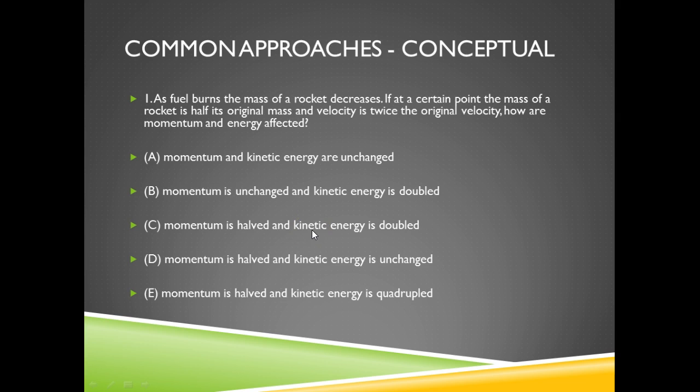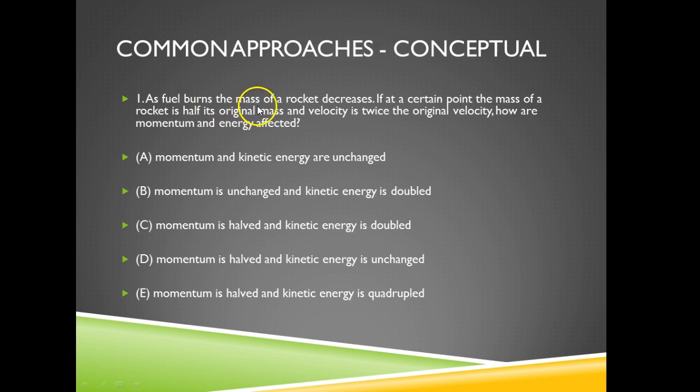Alright, here's a common approach for a conceptual question for momentum. As fuel burns, the mass of a rocket decreases. If at a certain point the mass of the rocket is half its original mass and its velocity is twice its original velocity, how are the momentum and energy affected?